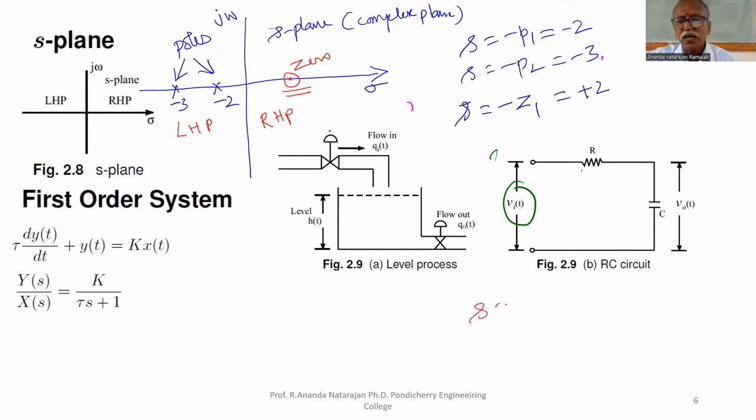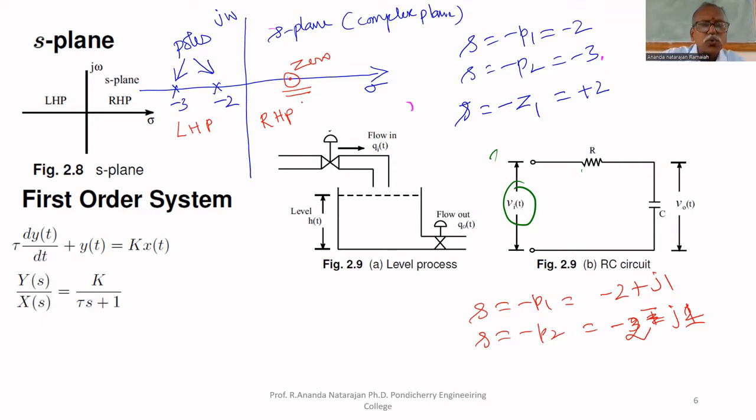Suppose the poles are S equals minus 2 plus J1 and another pole is minus 3 plus J2. You can plot this. Then there is minus 2 minus J1, so it must be in complex conjugate only. You cannot write otherwise.